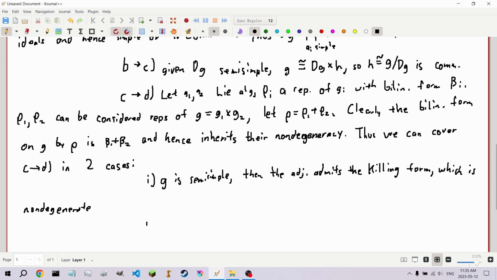And the second case is when G is equal to our base field K, then the identity representation is going to admit a non-degenerate bilinear form.